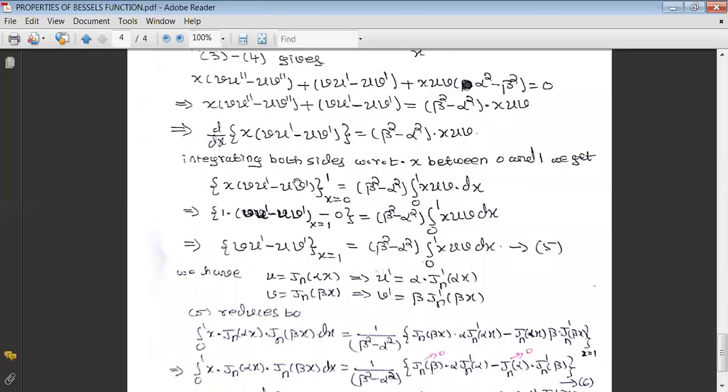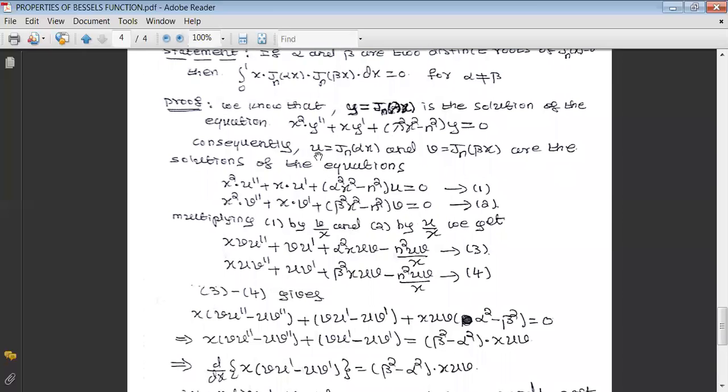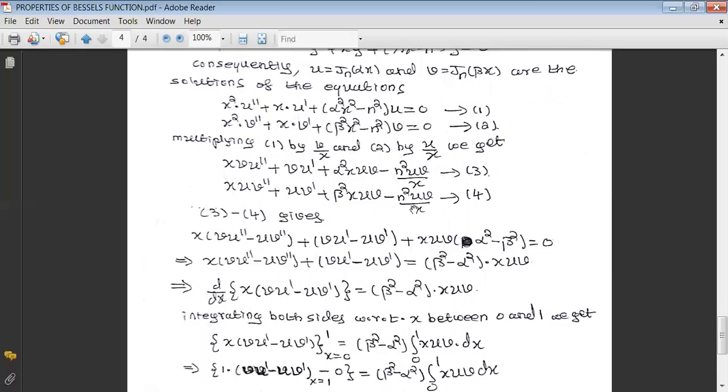And once we take the upper limit, that is x equals to 1, for this one also we have to take x equal to 1. Let us recall u and v: u is Jn of alpha x, which means it is also a function of x, and v is Jn of beta x, which means it is also a function of x.